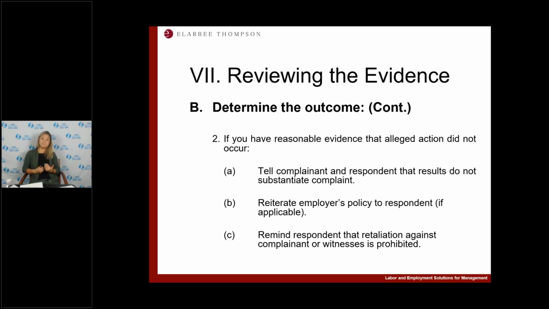If you determine that actually nothing violated your policy, then you tell both the complainant and the respondent that the results do not support the complaint, and then reiterate the policy to the respondent if applicable, and remind them that even though the complaint was not supported, retaliation is still not allowed.